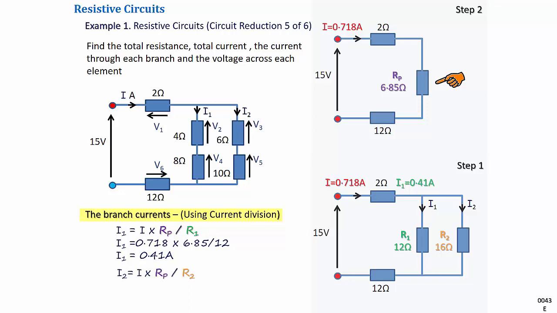I2 equals I times Rp divided by R2. Substituting the values, I2 equals 0.718 times 6.85 divided by 16, which equals 0.307 amperes.